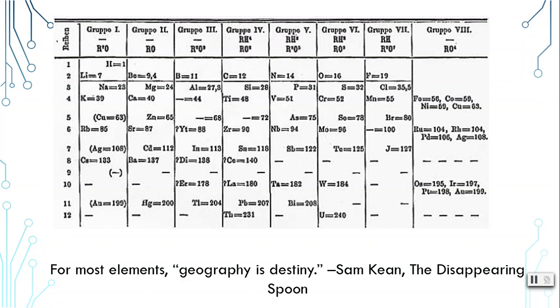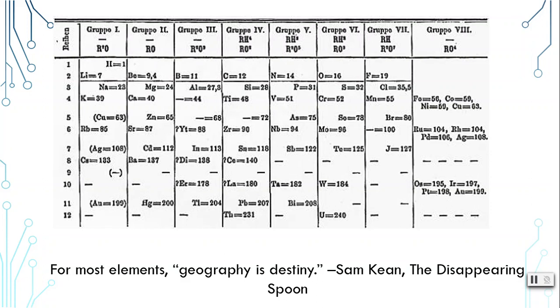What that means is that elements that are in the same group, in the same column of a periodic table, have similar properties and similar reactivities. Dmitry recognized that with his first periodic table.